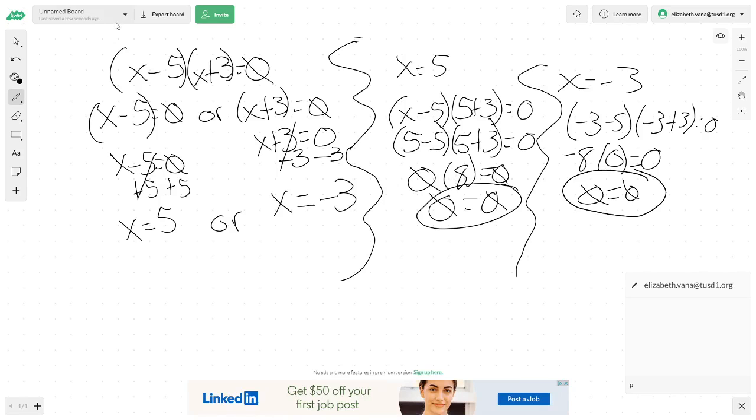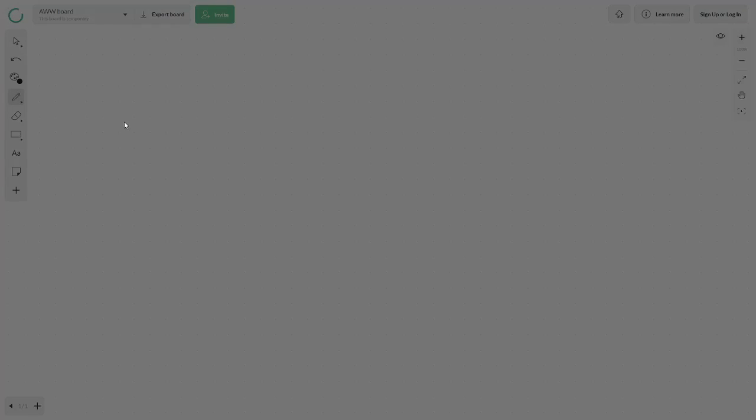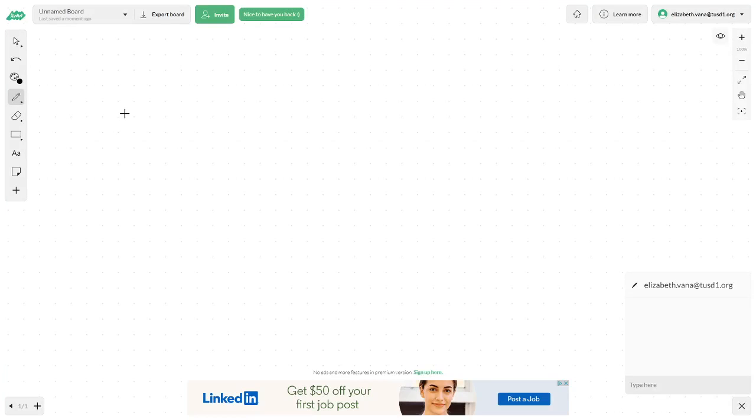All right, let's look at another example here. So we have x times (x minus 2) equals 0. So we have two pieces here. We have x and we have x minus 2.